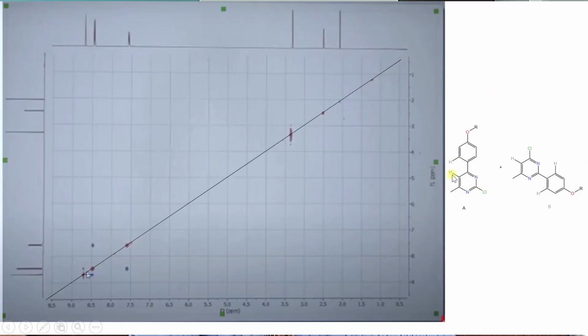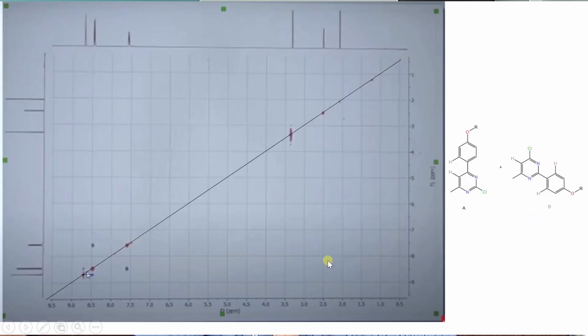If the product is A, then the proton here and the proton of this aromatic ring will be nearby to each other, and because of this neighboring interaction, they will create a correlation, and a peak is generated in the spectroscopy, right? And here if you see, there is no correlation between this proton and this proton, because in space they are far away from each other.